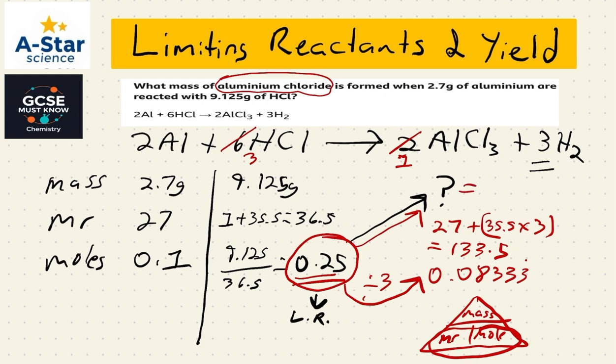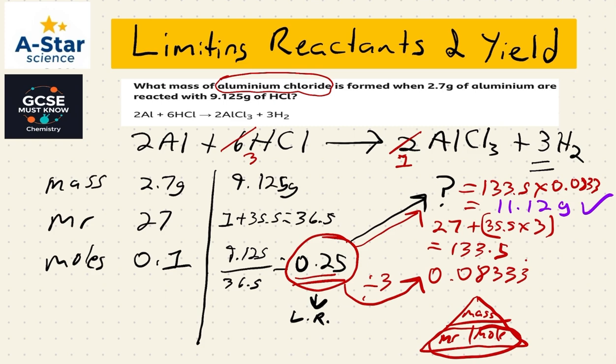So to find our mass, we take the MR, which is 133.5, times 0.0833 reoccurring. And we get an answer of, I'll put this in purple, 11.12 grams, which is the correct answer.